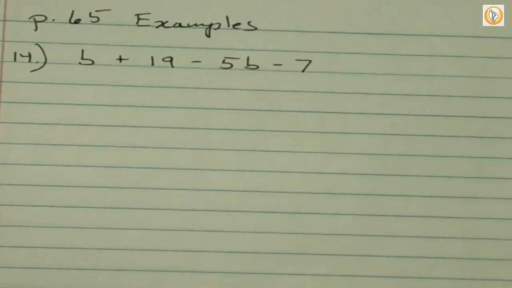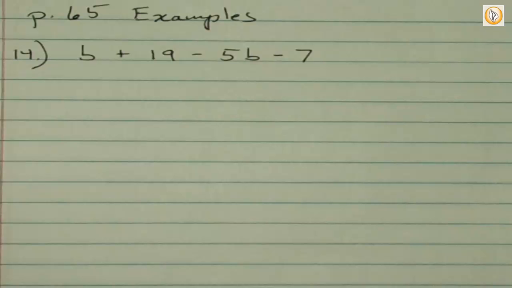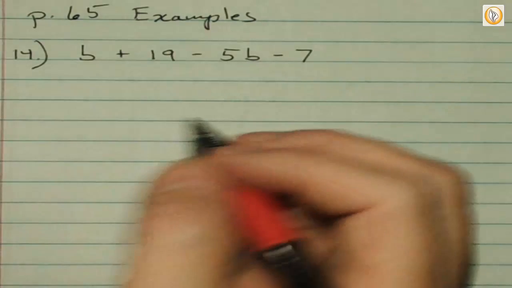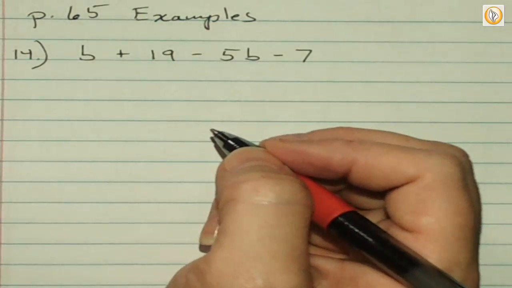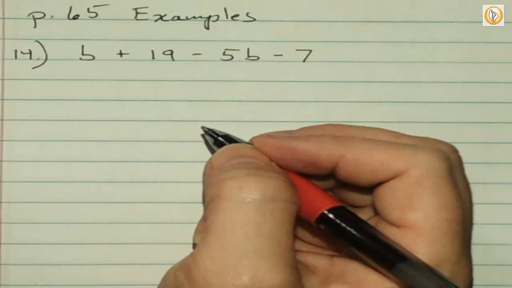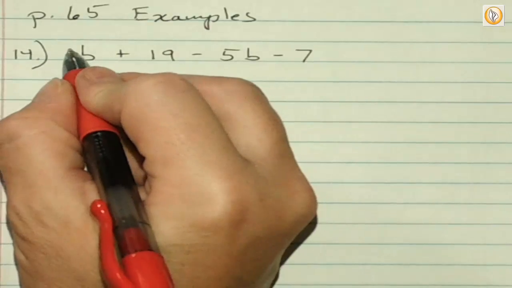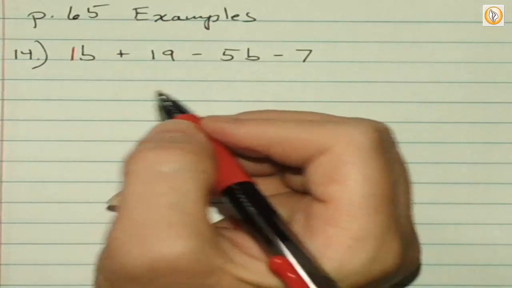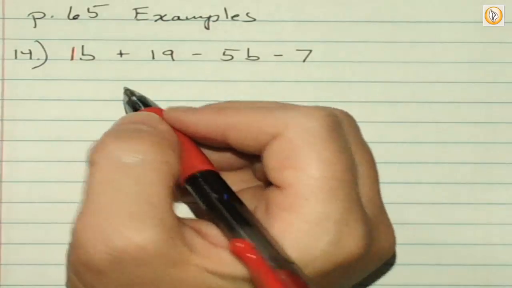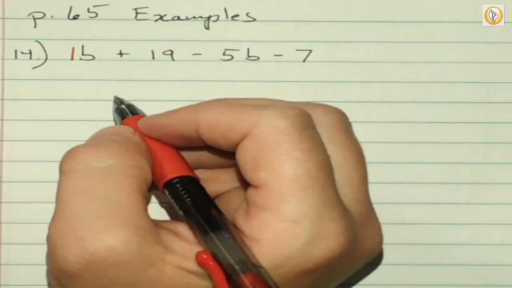So Kelly, you tell me what terms I can combine. Write it down first. So I have a 1 to the b. Well, okay, you can add a 1 to the b, so you know that that's 1b. But which terms can I combine? Negative 5b.